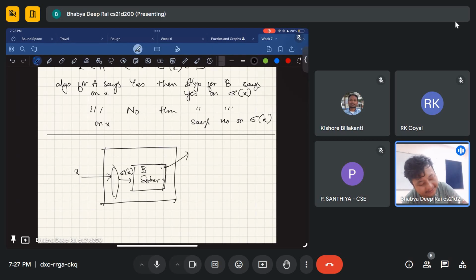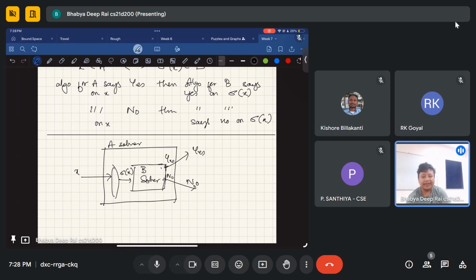If it says yes, then my bigger algorithm will say yes. If it says no, then the bigger algorithm will say no, and therefore I get an A solver from it. It simply means this: solving B is sufficient to solve A.